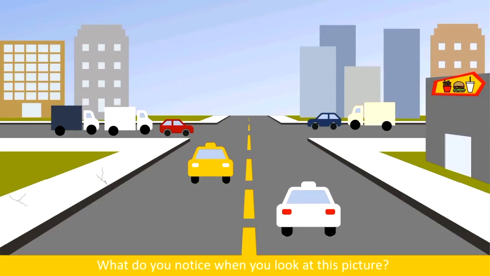Okay, so I'm going to start off with a question for you, and I want you to think about it in your head. I'm going to give you about 10 seconds. So what do you see when you look at this image?